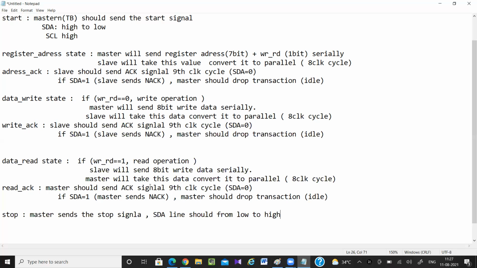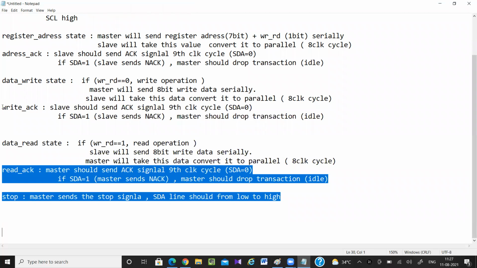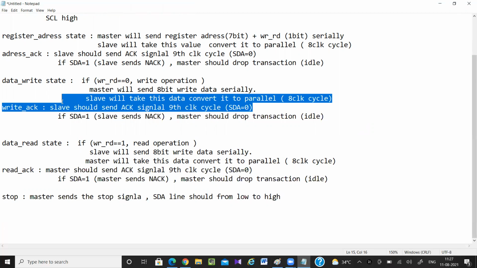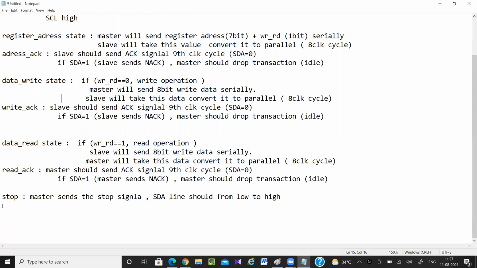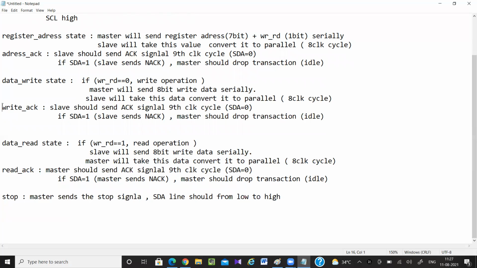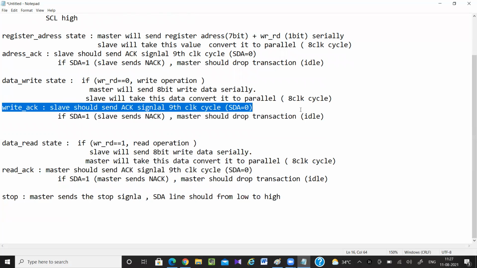In the read acknowledgement state or write acknowledgement state, the SDA line is always 0, so the master should make it go from 0 to 1.